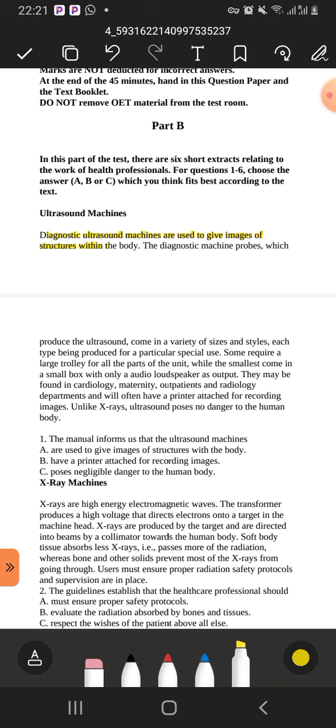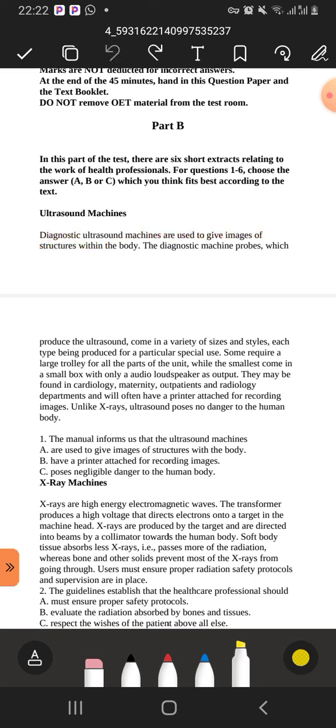Okay. So now summarize this sentence. What is this sentence telling us? It is telling us about what the machine is used for. Okay. So just write that one somewhere. Sentence 1: what diagnostic ultrasound machine is used for. Okay. Then let's go to the second sentence there.